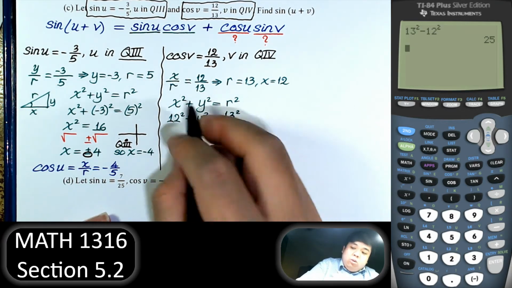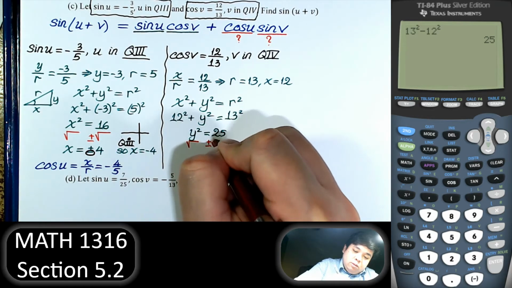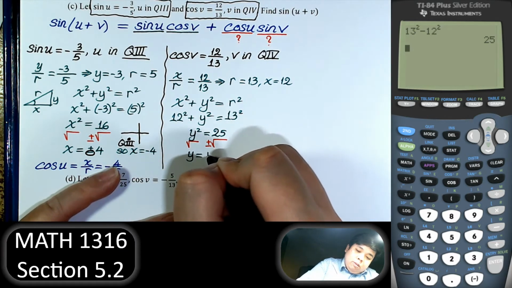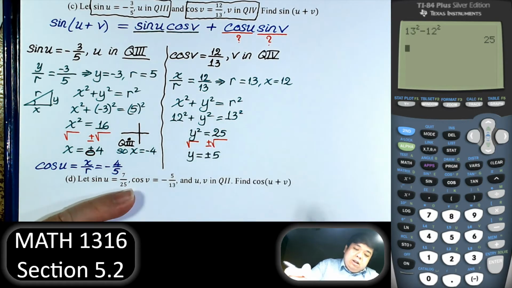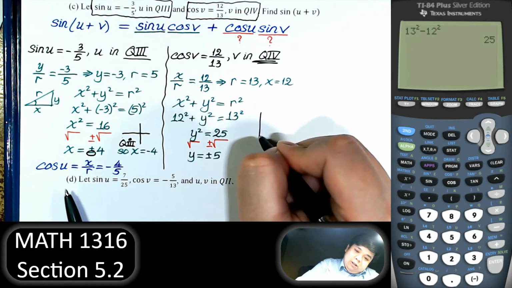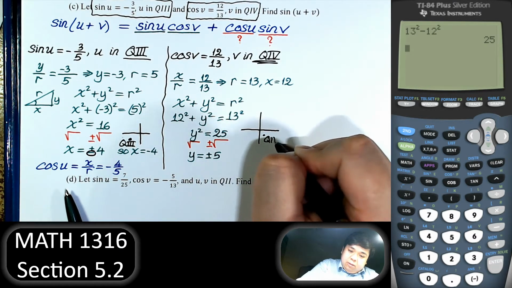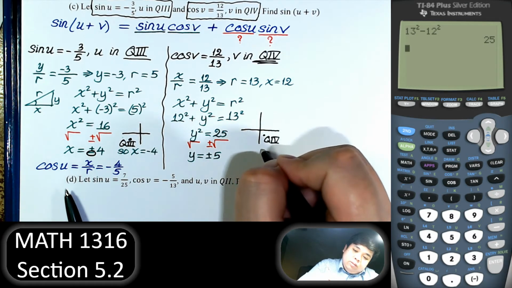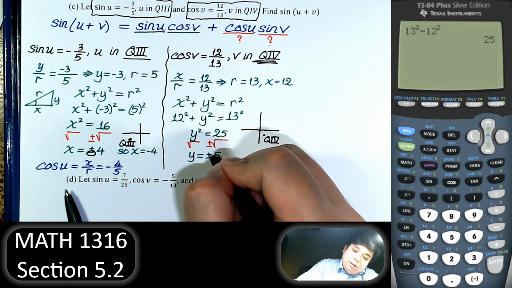And take the square root on both sides. So y equals plus or minus the square root of 25, which is 5. And next, this is in quadrant 4. In quadrant 4, y is negative.